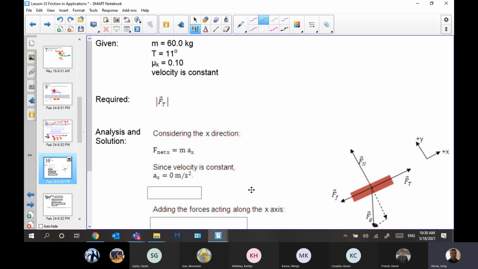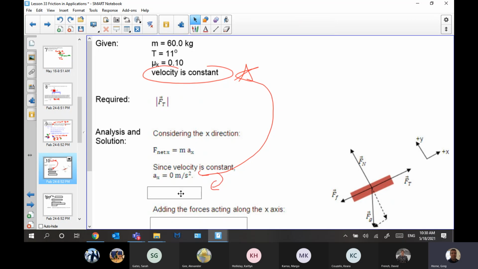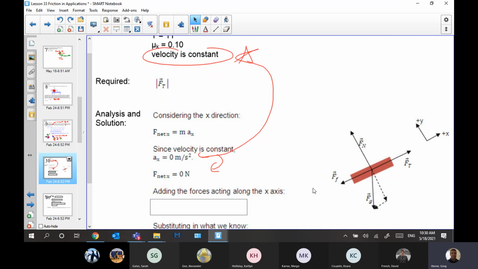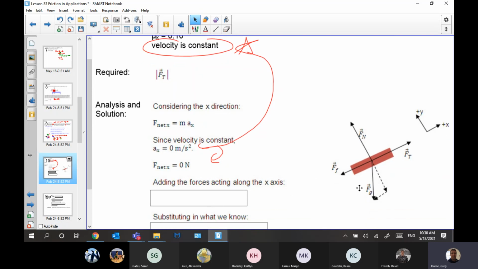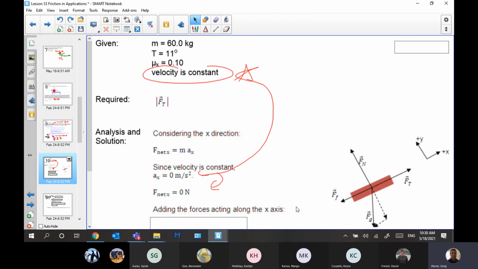So as soon as you see this thing, Sarah was all over it yesterday for sure. As soon as you see that, you're like, ooh, I know that we've got 0 acceleration, therefore we've got 0 net force. So that was awesome that you're showing that, that's definitely the thing you want to recognize, right? So net force is 0 along that x direction. And so now you just have to think of what forces there are, right? So this thing is being pulled up the ramp.